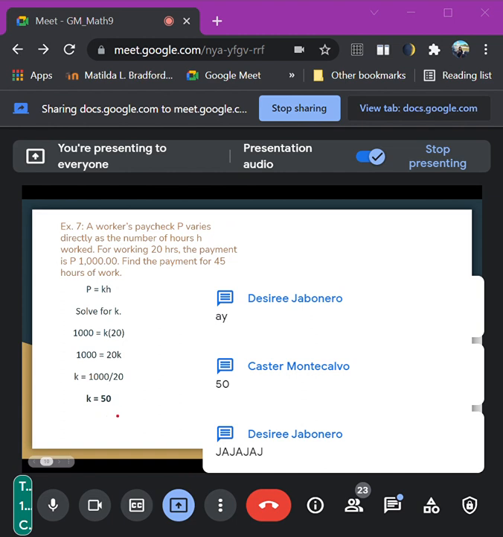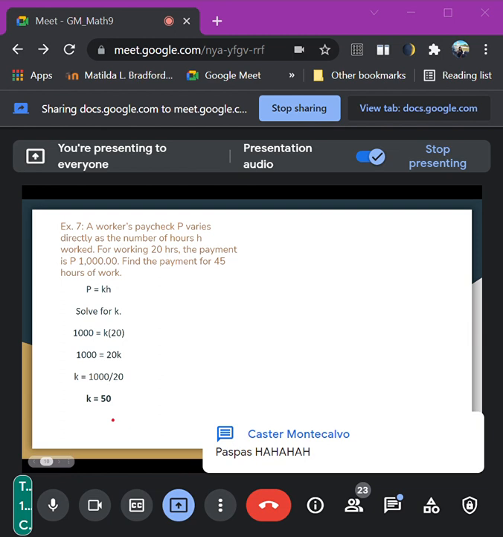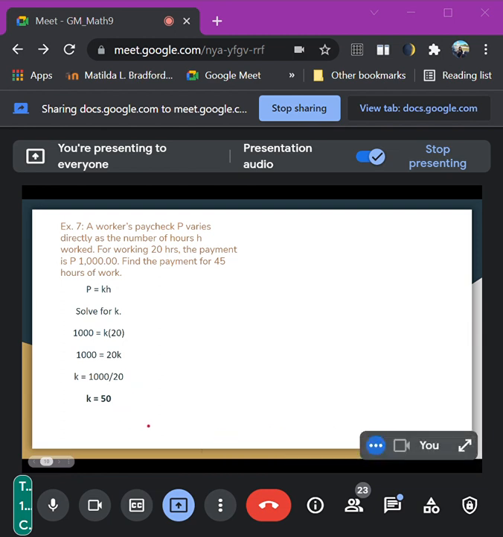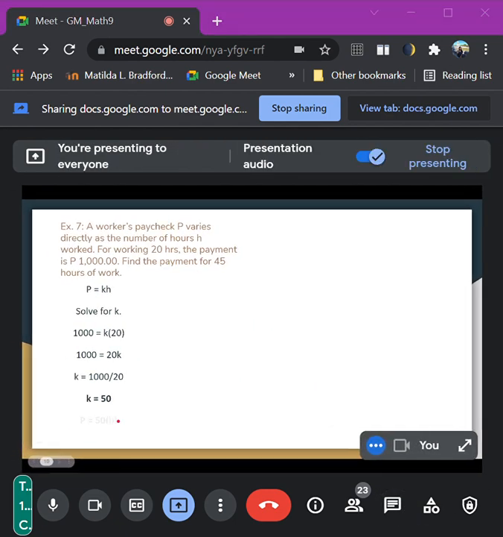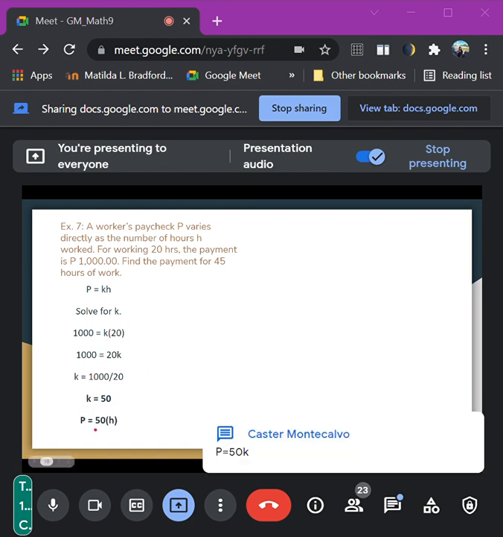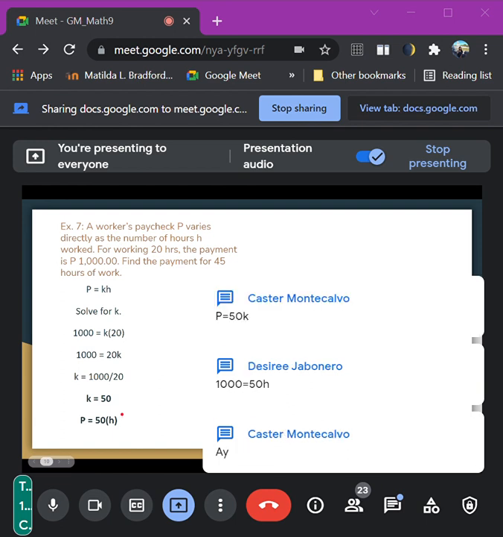Now, what is your equation for the variation? Substitute ra nimo ang K dire. That is P is equals to 50 times H. Or P is equals to 50H. Di K class ha? H. Kay K naman na imong 50. So, imo rang gi-substitute.